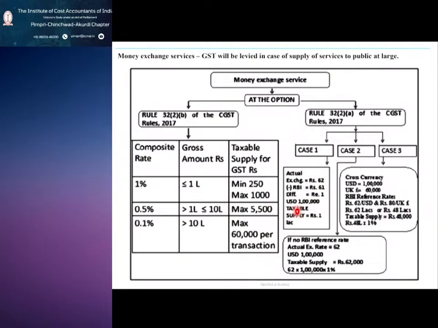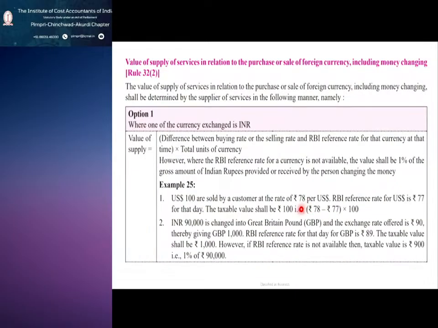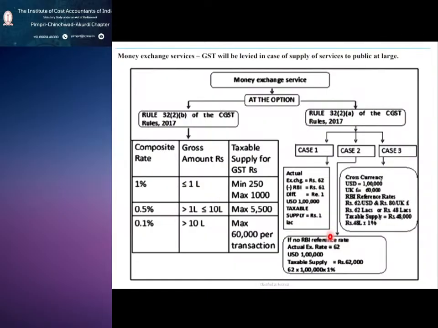What is the case 1 formula? Actual exchange rate minus RBI exchange rate. What is the difference here? 78 is the actual and 77 is the RBI exchange rate. The difference is 1. On the US dollar, for how much is he exchanging? 1 into 100, so 100 will be your taxable value. So this is case 1.